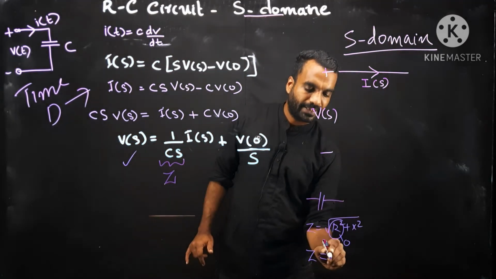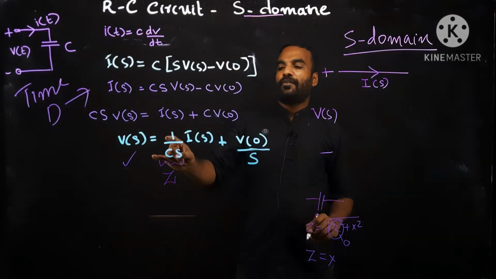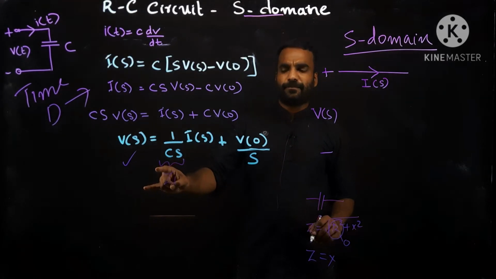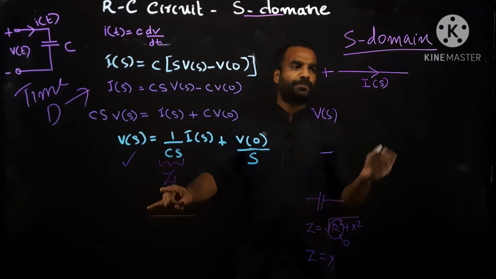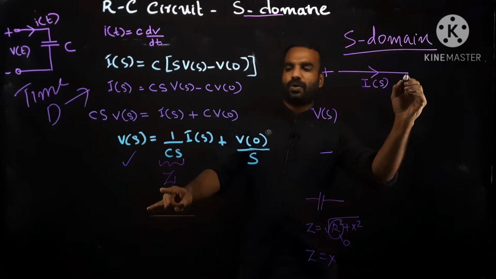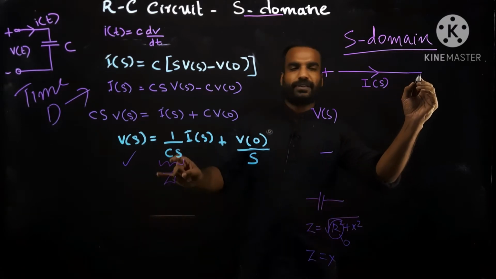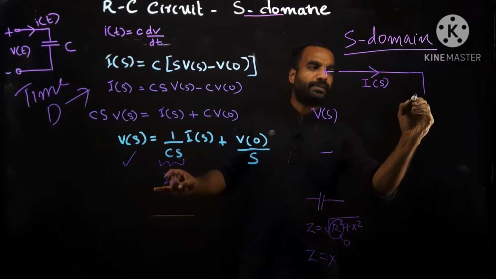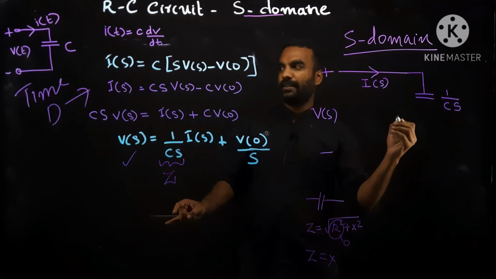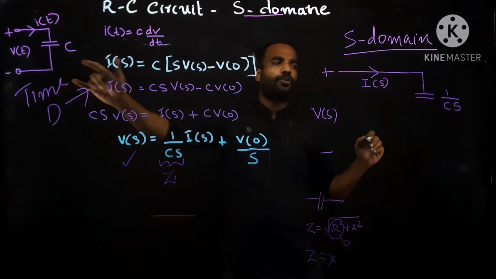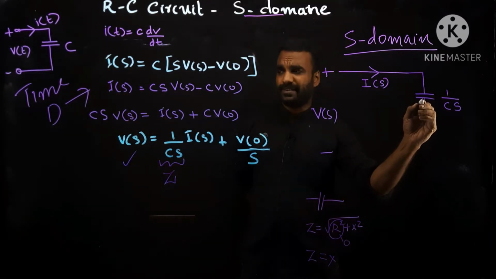Then Z is nothing but X itself. So 1 by Cs is nothing but Z or X of a purely capacitive circuit. So now I am representing I of S into 1 by Cs. So I am representing this capacitor's impedance as 1 by Cs. Initially it was C in time domain, but in frequency domain it is 1 by Cs.